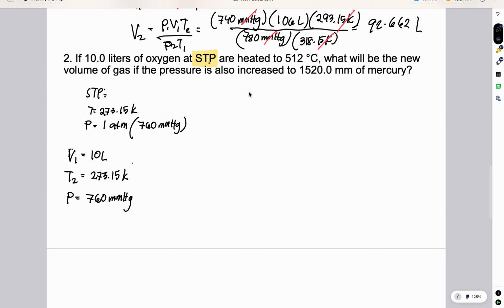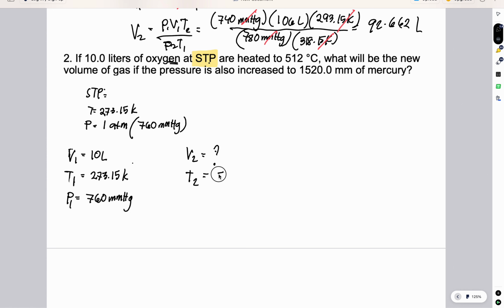So we have to match the units of the givens, so there will be conversions. We have P1. And then it's asking what will be the new volume of oxygen gas. This is not T2, this is T1, because at STP this is the initial state.